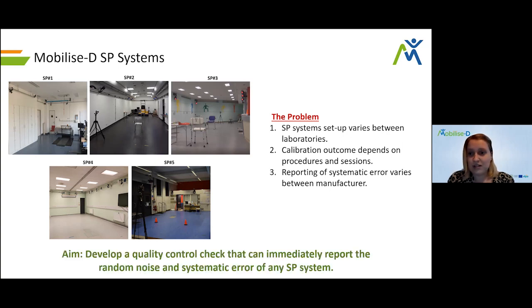To be able to do this, we need to develop a quality control check that can immediately report these errors. Now, when we're considering these errors, we need to consider 2 types. We have our random noise errors, which come from the electronics, which may vary slightly depending on manufacturer, but also the systematic errors, which are more based on the environment that you're using the system in and its context as well.